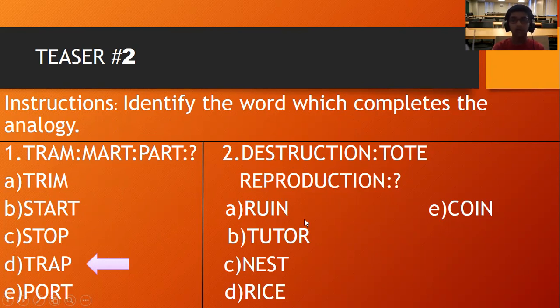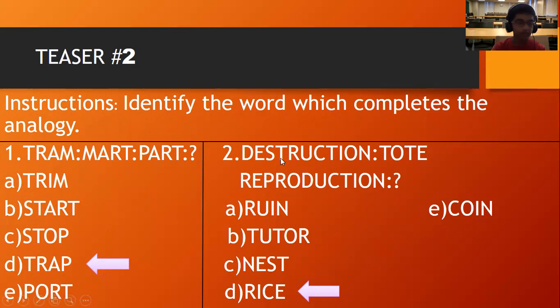Now, if you want, you can pause the video to try it out, but otherwise, I'm directly going to give you the answer, which is D. Rice. Now, this is because the word tote is composed of the 4th, 10th, 8th, and 2nd letter of destruction.